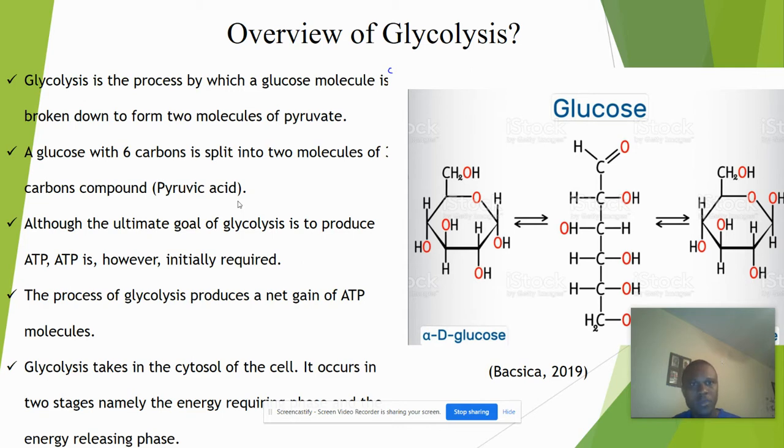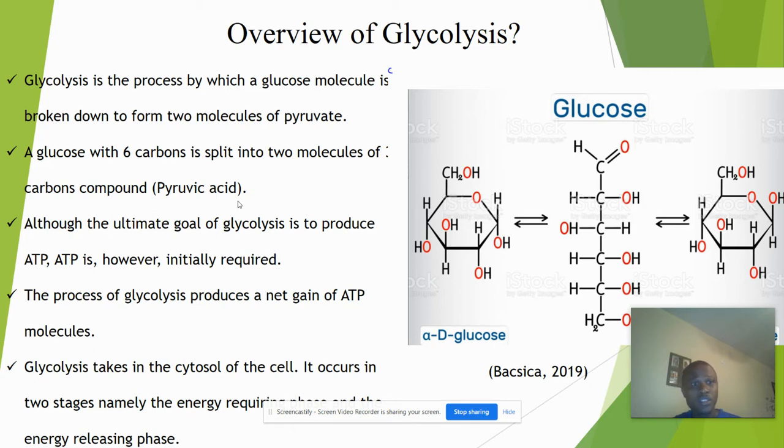Glycolysis is a process by which glucose or a glucose molecule is broken down to form two molecules of pyruvate, or two molecules of pyruvic acid. Those two terms can be used interchangeably.